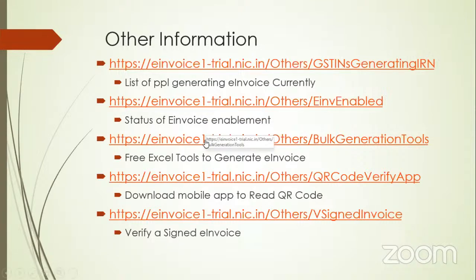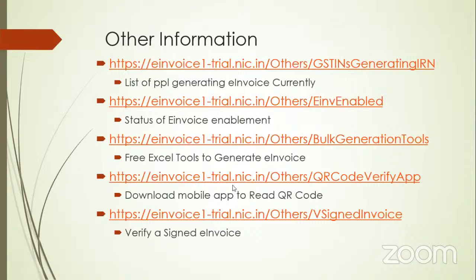Then the government provides free tools to generate e-invoice, that is the offline utility. You can generate e-invoices using the Excel provided by the government. Then an app is provided by the government to read the QR code. Every e-invoice has a QR code which you scan, and it gives the authenticity of an e-invoice.